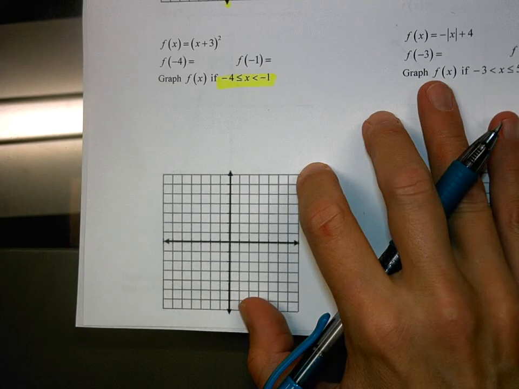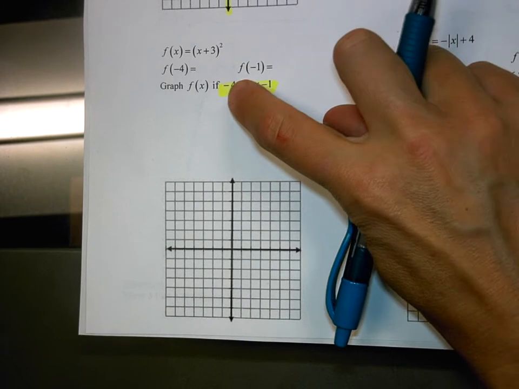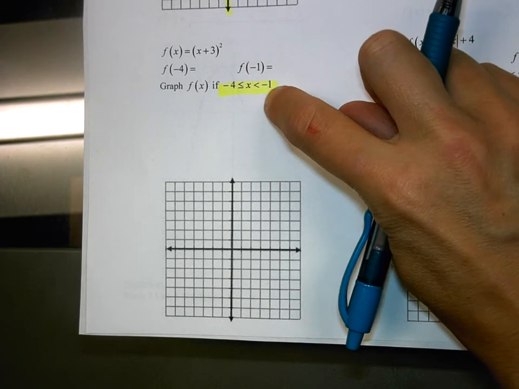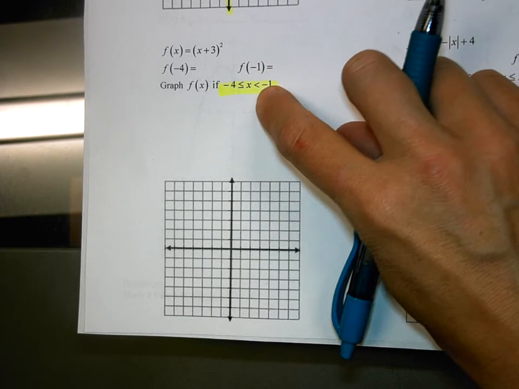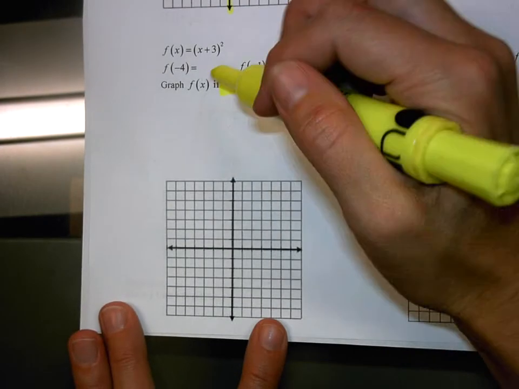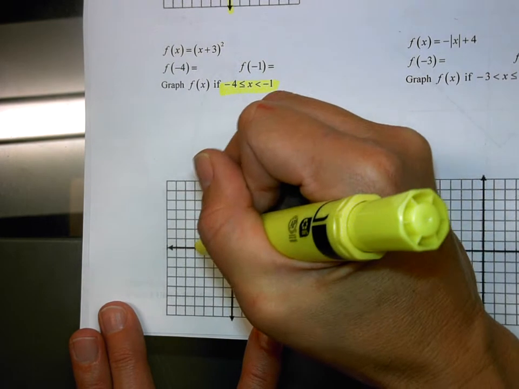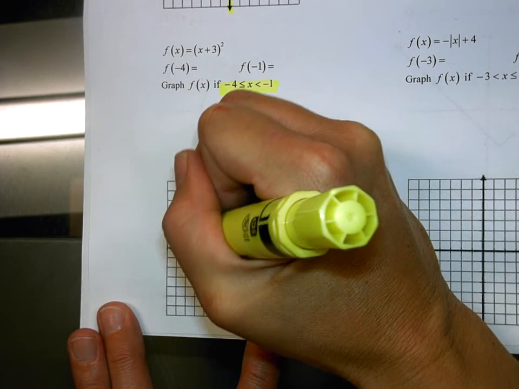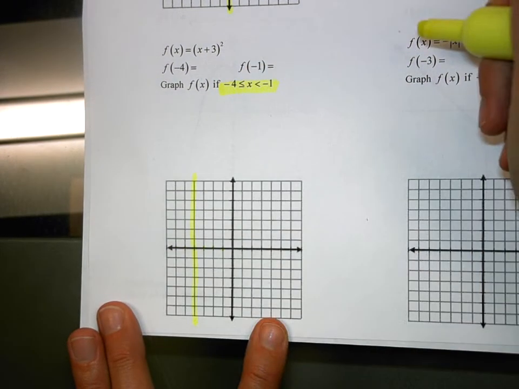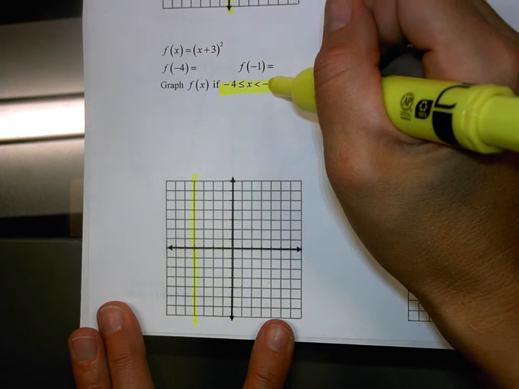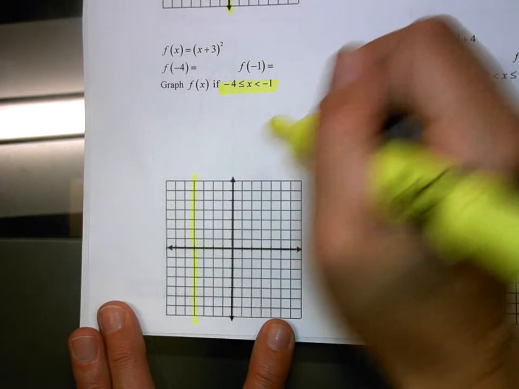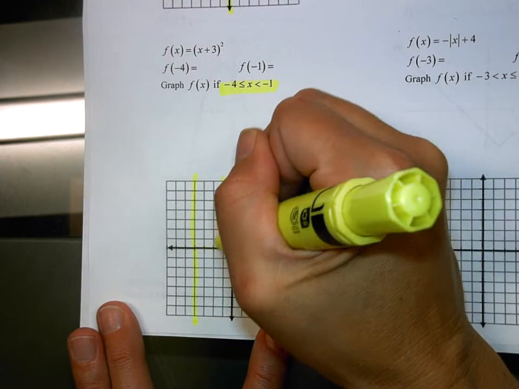Okay, next one now. So this is saying negative 4 is less than or equal to x is less than negative 1. So we have to now highlight 2 different numbers. We are going to highlight at negative 4, and we are also going to highlight at negative 1.